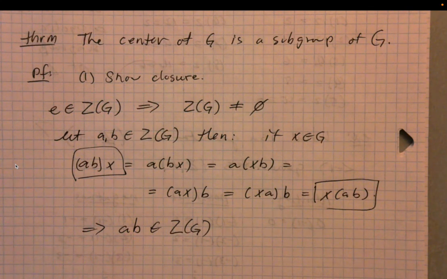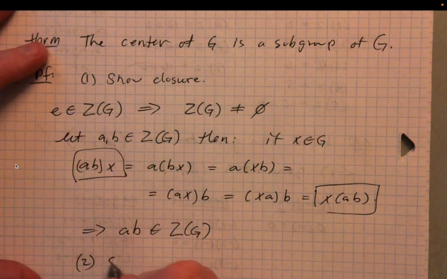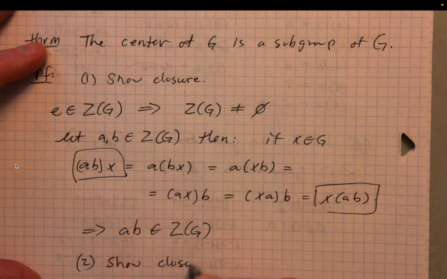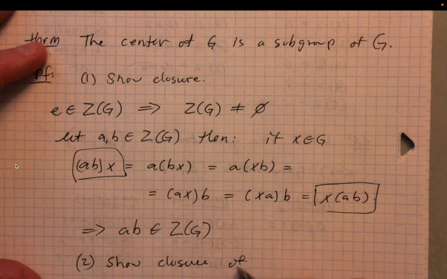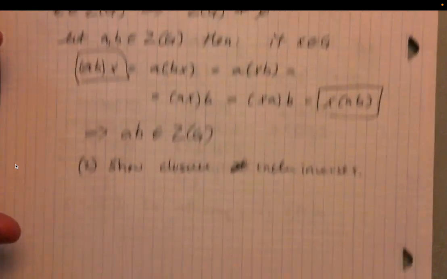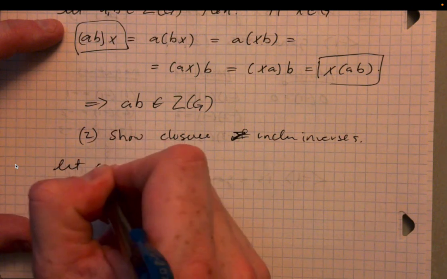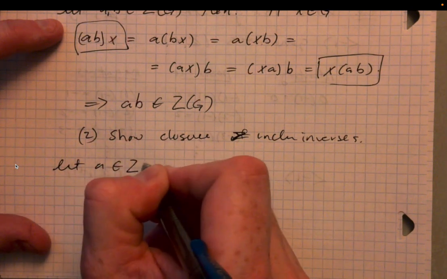So the first thing we wanted to show was that the center is closed. Now, secondly, we need to show that if we have an element in the center, then we automatically have its inverse in the center. So we want to show closure under inverses. So we'll let A be an element of the center.